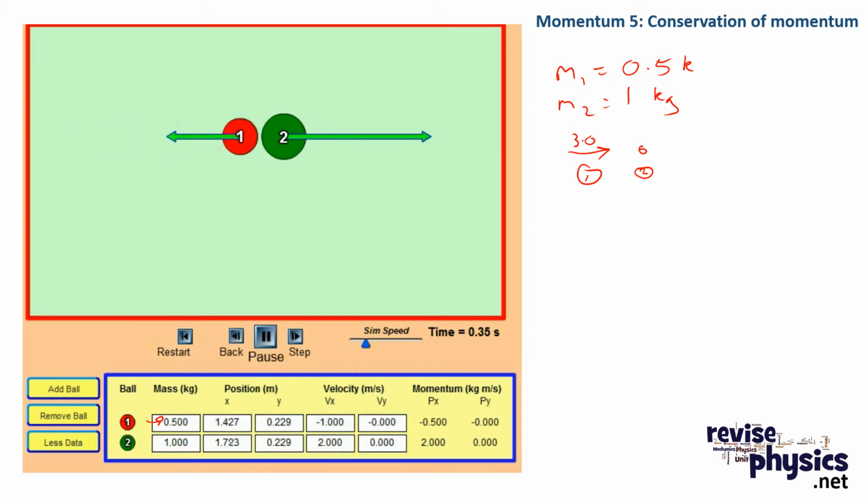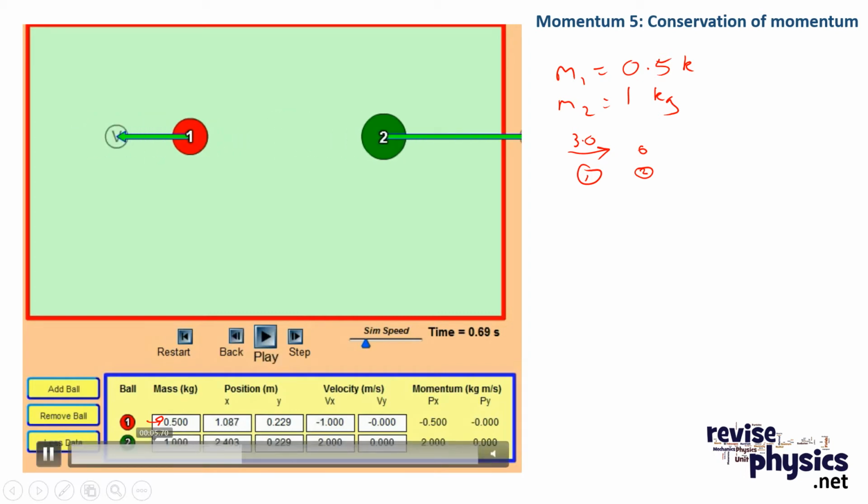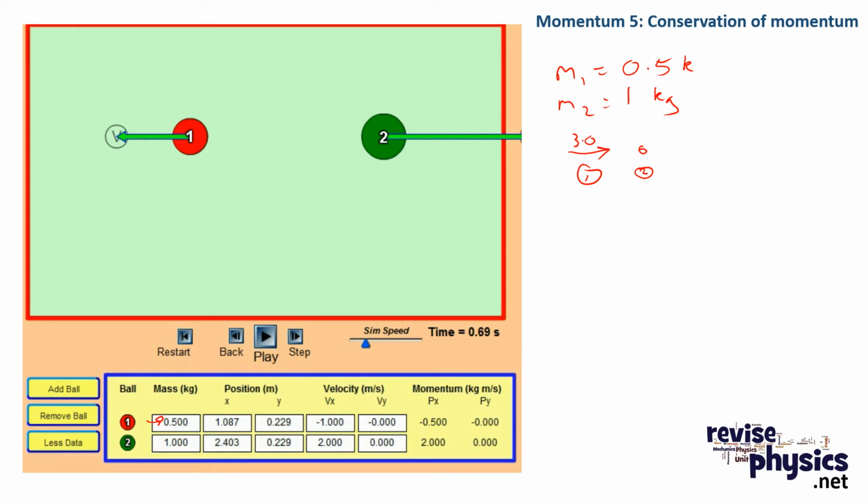M1 toddles off. As they collide, they move apart. M1's now changed its direction, so it's now moving in the negative direction. M2 is moving in the positive direction. M1 is moving in that direction with minus 1 meter per second, M2 is moving in this direction with plus 2 meters per second.